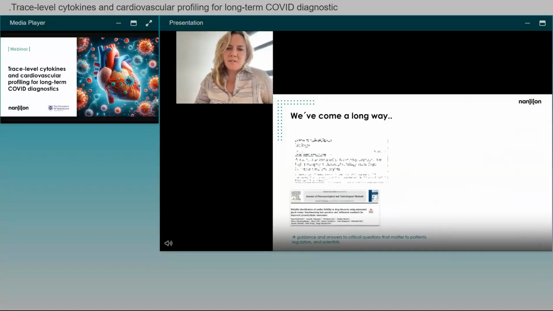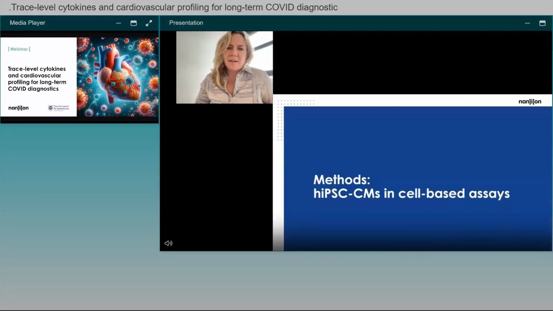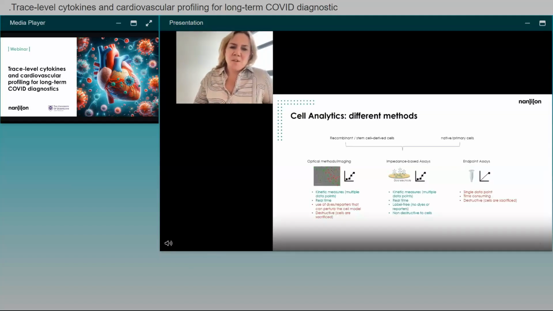Now, let's have a look at some methods where these iPS cardiomyocytes could be investigated. Just some examples here. There are, for example, the optical methods, imaging. These are kinetic measures, so you get multiple data points over time.